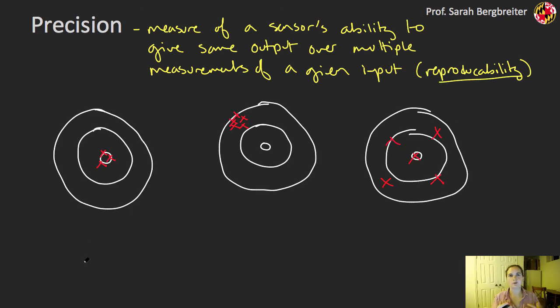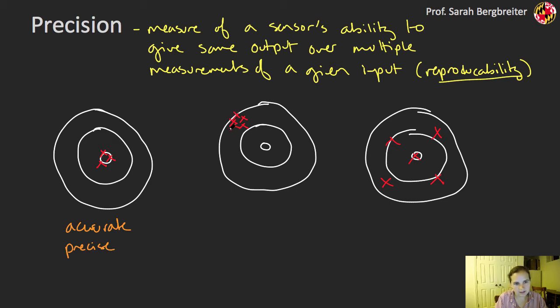Okay, the typical way to really distill accuracy versus precision is to show this kind of target example. So in this case, you have a group of samples, maybe measurements from a sensor, that are all clustered together near the target, near the bullseye. So in this case, because they're near the bullseye, you have something that's accurate, and because they're clustered tightly together, you also have a sensor that's precise.